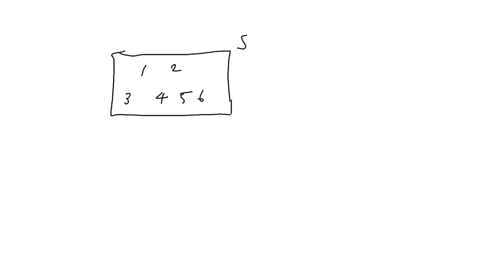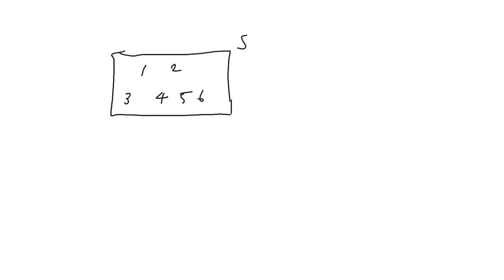This is the sample space, the outcomes 1, 2, 3, 4, 5, and 6. Now define an event. This example is not the continuation of the previous example.